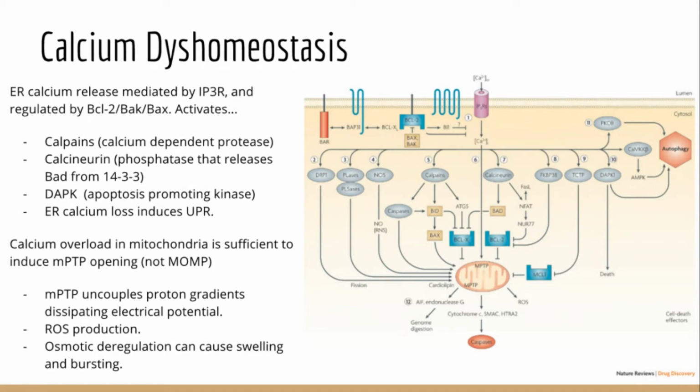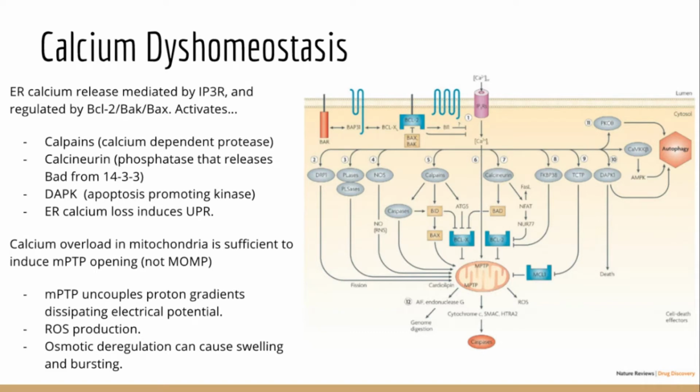And so the last major piece of the calcium puzzle and how it promotes apoptosis is what it does in the mitochondria. Calcium derived from the ER or the extracellular matrix can overload and flood the mitochondria, and it can cause the opening of a special channel called the MPTP, or mitochondrial permeability transition pore.